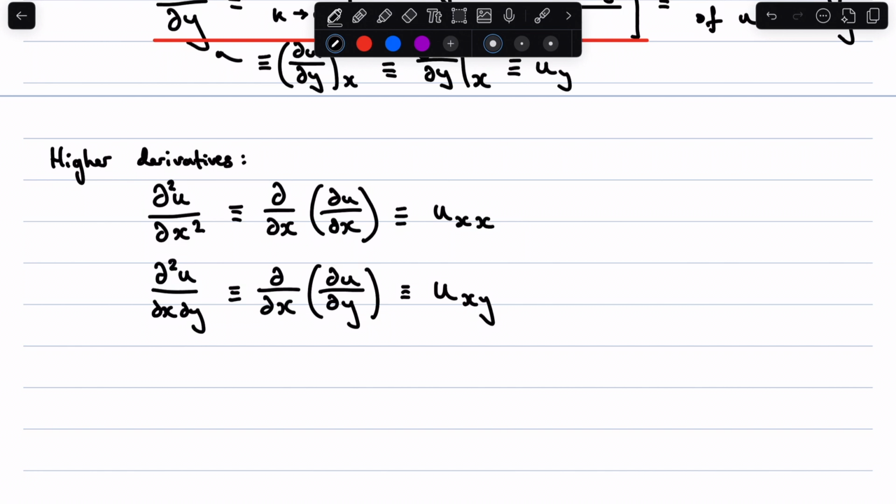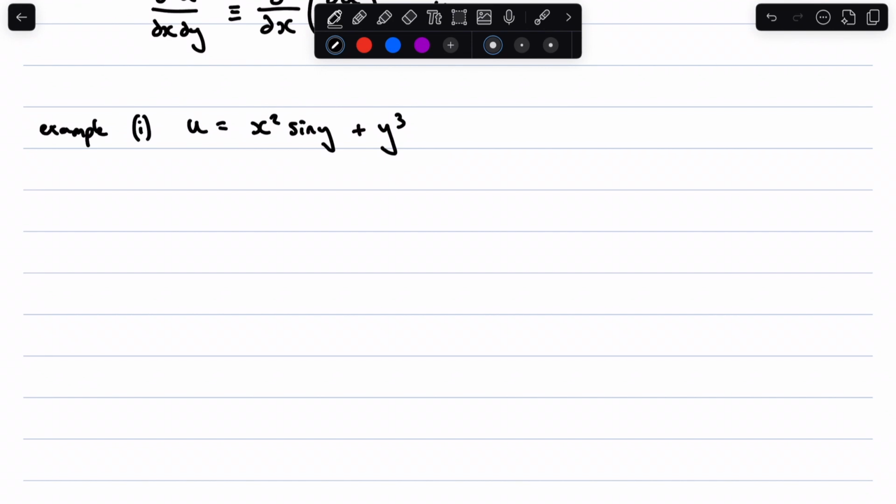If we consider an example, u equaling x squared sine y plus y cubed, we can find that our partial derivative with respect to x is equal to 2x sine y.